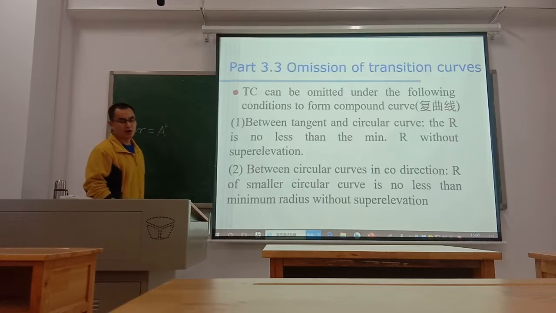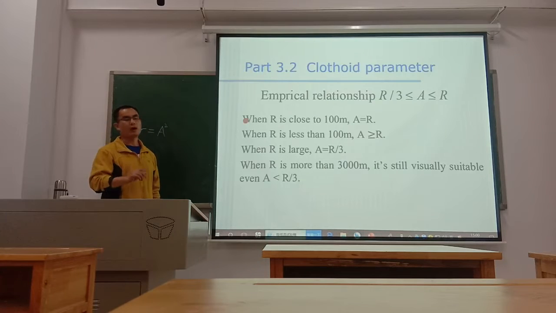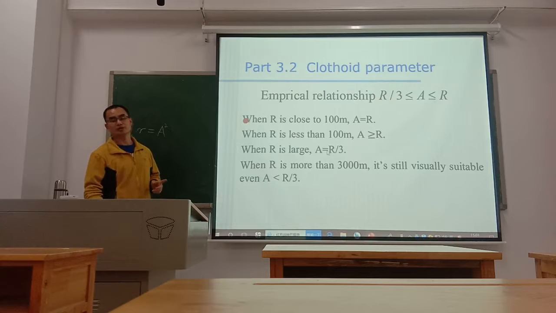When R is close to 100 meters, A is equal to R. When R is less than 100 meters, A is greater than or equal to R. When R is very large, A is equal to R divided by 3.